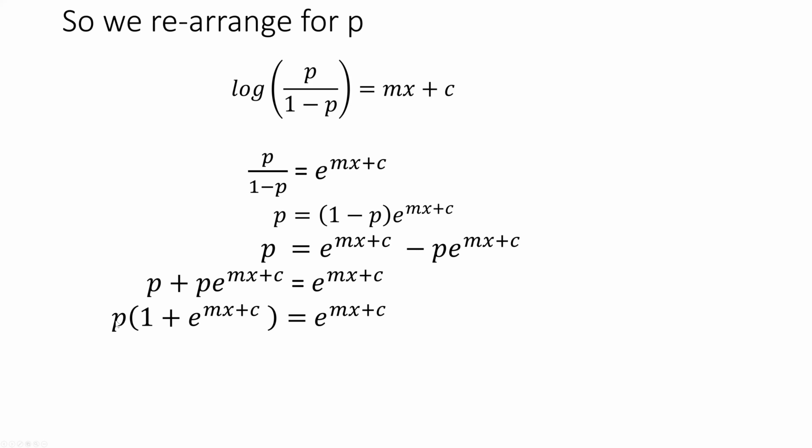If you multiply those out, we get p plus p e to the mx plus c. And then we just need to move everything in this bracket over to the right-hand side. So we've done a bit of magic. We've rearranged for p, and we have this horrible looking equation.